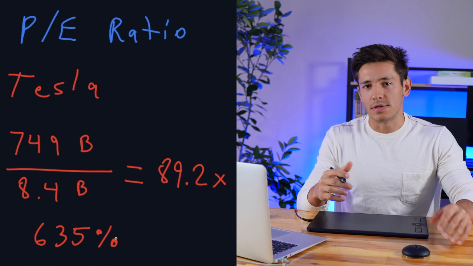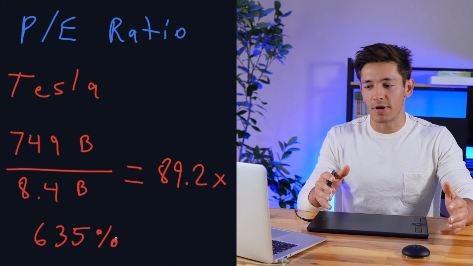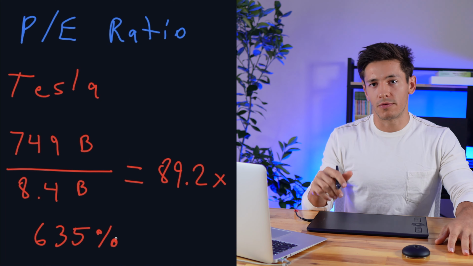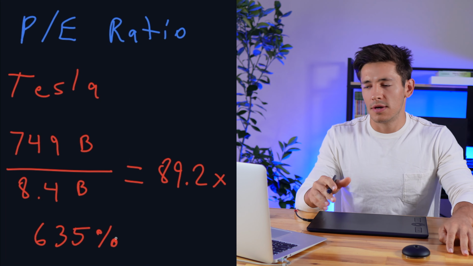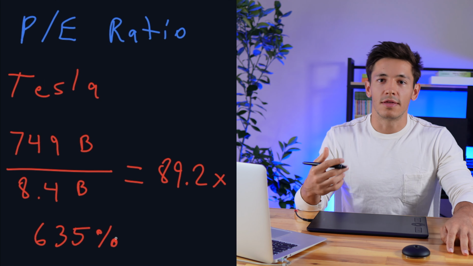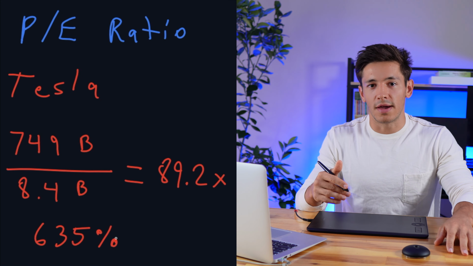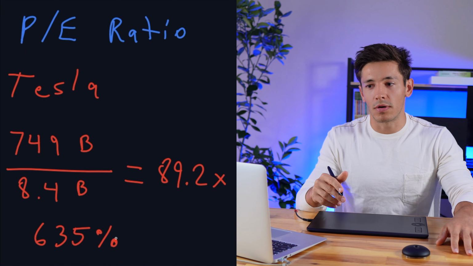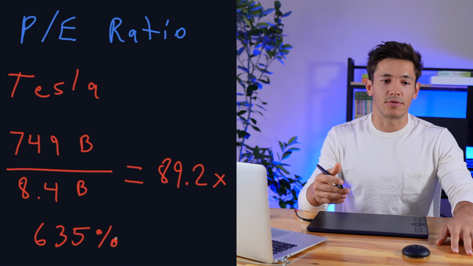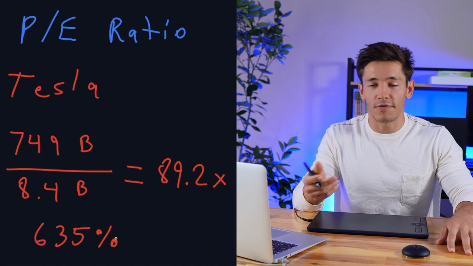It doesn't mean that they're a good or bad investment just based on this, because the growth was in the past, and you have to look at the growth for the future as well. But you can see why Tesla has a higher PE ratio than Google, because it's grown a lot faster. And you'd be willing to pay more for the earnings this year because it's reasonable to expect that Tesla would grow earnings really fast in the future.